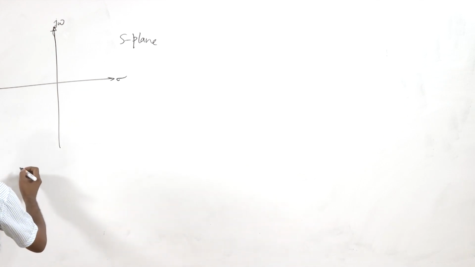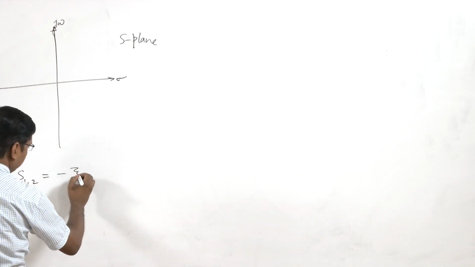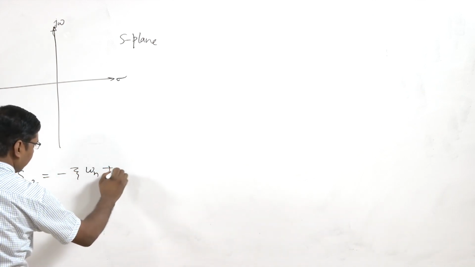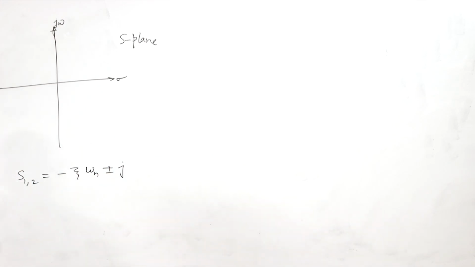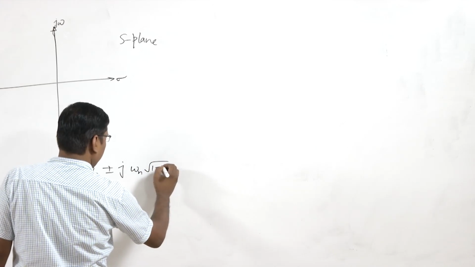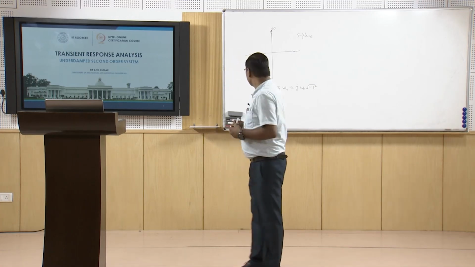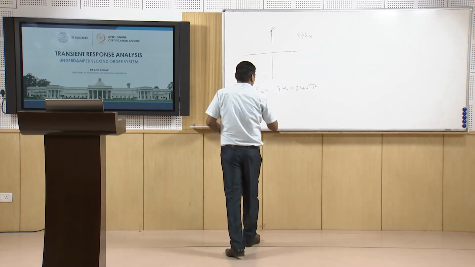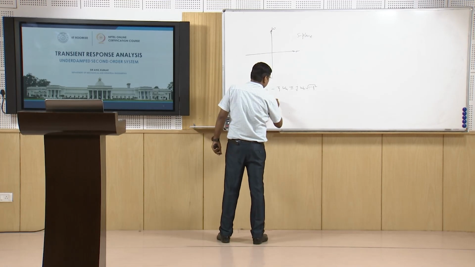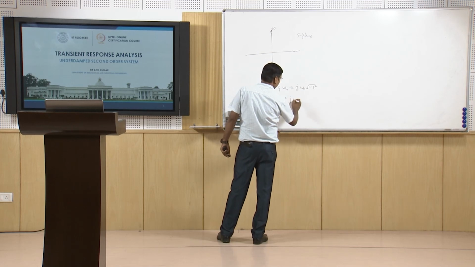So we get the poles s1,2 equal to minus zeta omega n plus minus j omega n root 1 minus zeta square. So these are the poles of an underdamped second order system, and we also call them, let's say, minus sigma d plus minus j omega d.